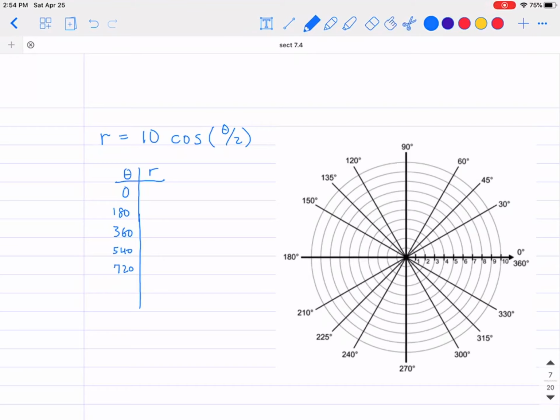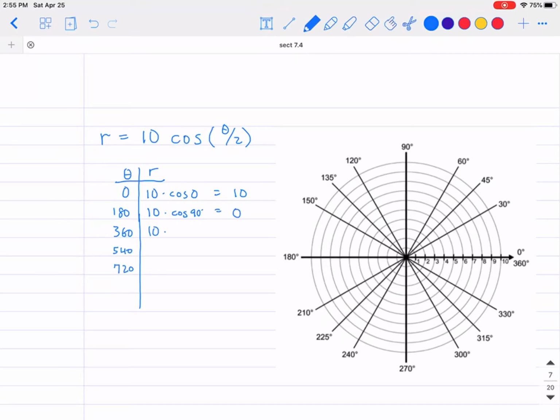And then finally 720, because when we divide all of these values by 2, that's going to give us the multiples of 90 degrees that we're looking for. Okay, let's go ahead and fill it in. First we have 10 multiplied by the cosine of 0, so that is going to give us 10.